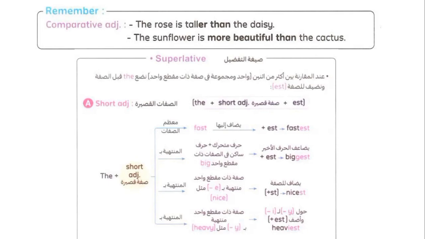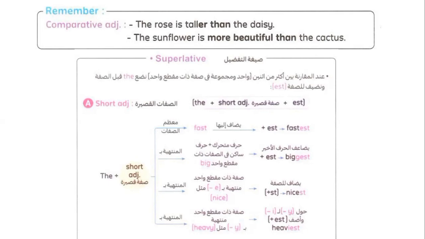Now, we talk about short adjectives. If I have a short adjective like tall, small, big, fat, fit, large, we should add er to the adjective. But if I have a long adjective like beautiful, I can't add er to the word because it's very long and difficult to pronounce.